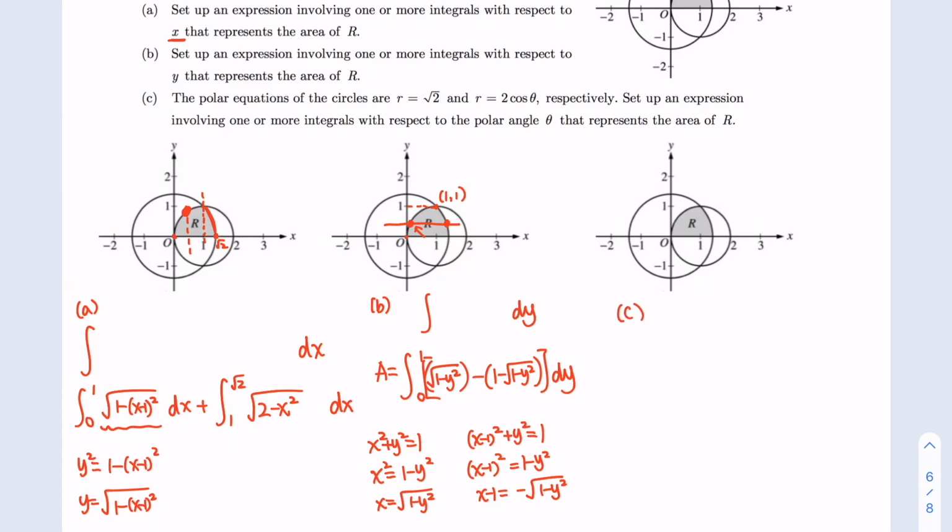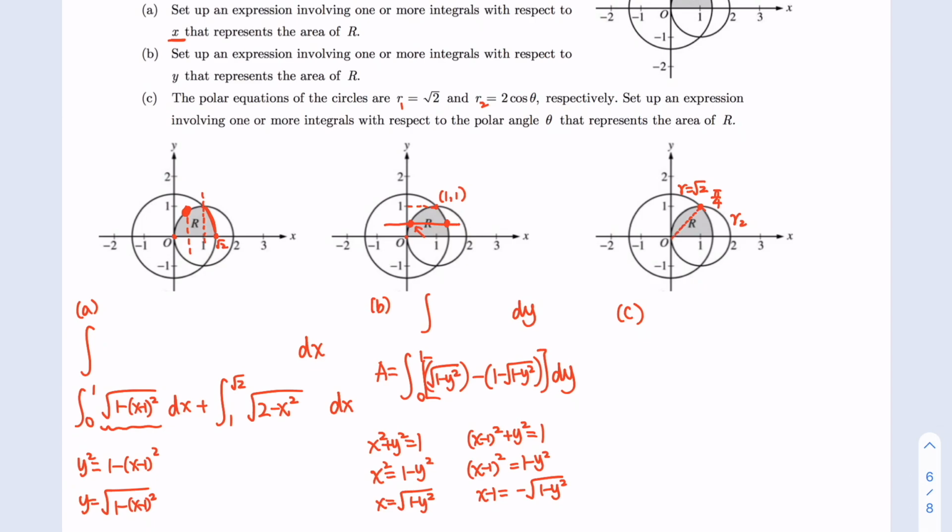Part C. Given r equals square root of 2, this is r1 and r2 here. Find the area for this enclosed region. We can use polar coordinates too. The intersection here is at pi over 4.